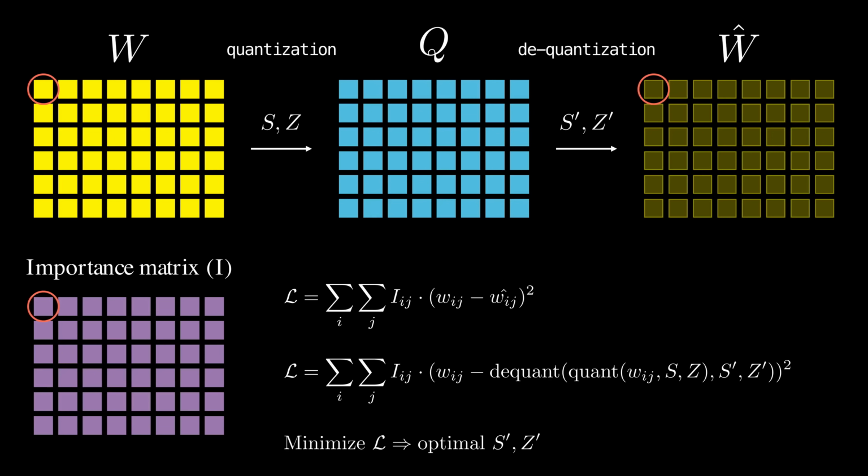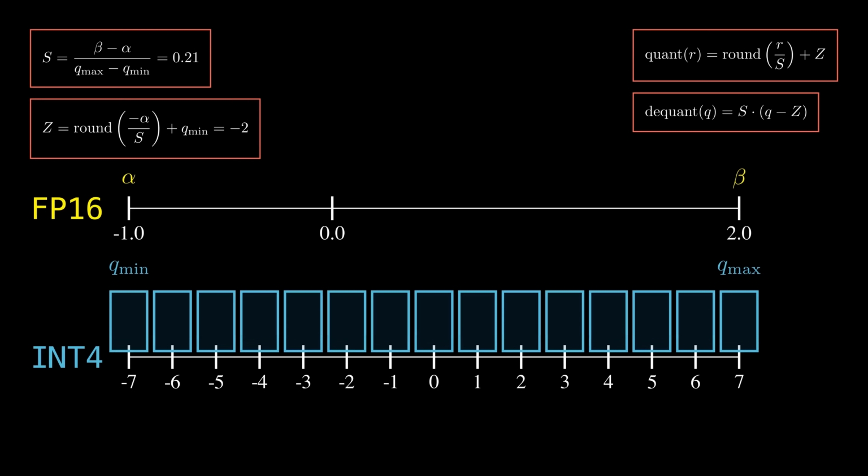So we're almost done with the importance matrix, but there's one final wrinkle. So far, we've been using these formulas to calculate S and Z for quantization. But GGUF goes one step further and does a small grid search around this S. For instance, if we increase it just a little bit, we're effectively clipping out high magnitude weights and reallocating more precision around 0.